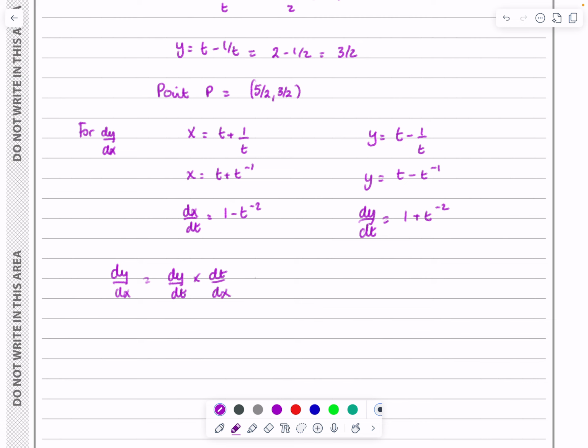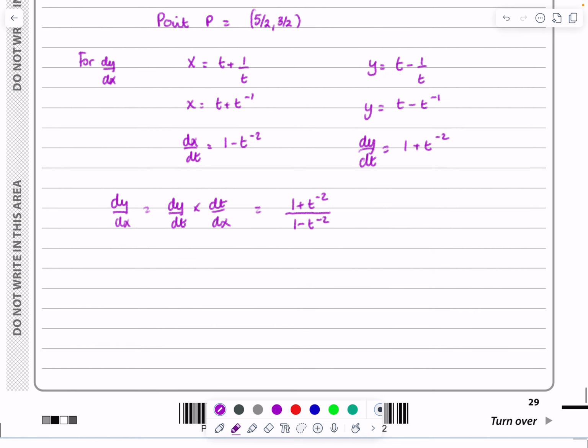If you've done lots of these, this won't catch you out at all. So that's going to be dy by dt, which is 1 plus t to the minus 2. dt by dx is flipping that over, so divided by 1 minus t to the minus 2. I'm doing that quite quickly, but anybody who's done any practice, that really shouldn't cause you an issue at all.